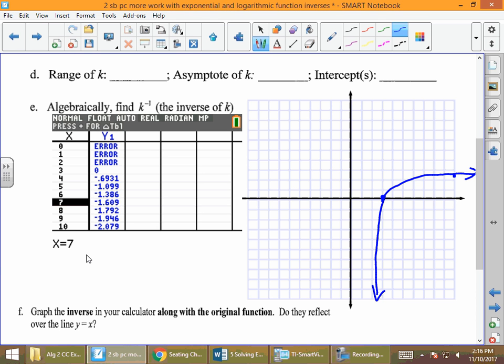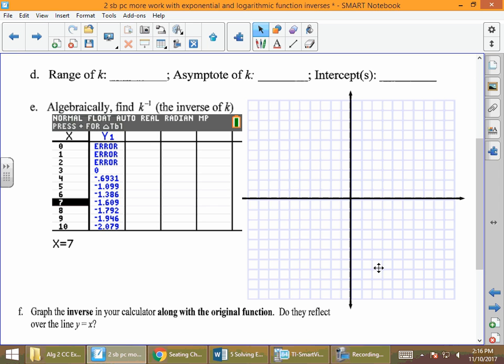But there's a rough picture there, and I think I just drew it wrong because I didn't graph negative 2. Let me try that again. (3, 0), that was right. But it's (10, negative 2.079). So this way. So we're going to go here now.